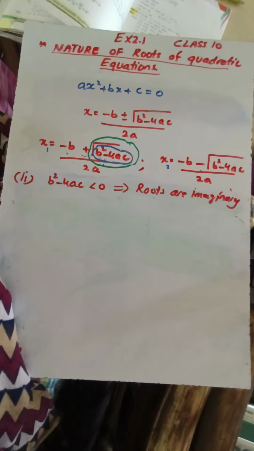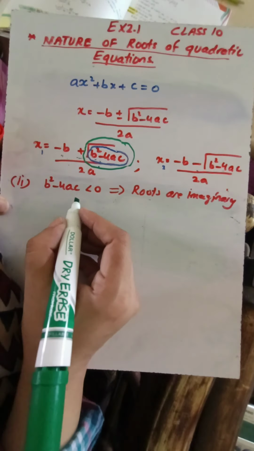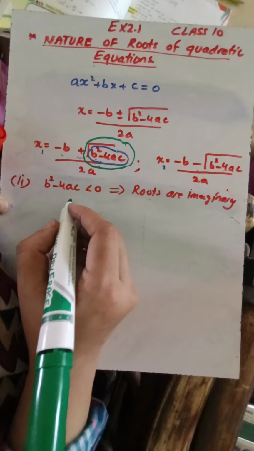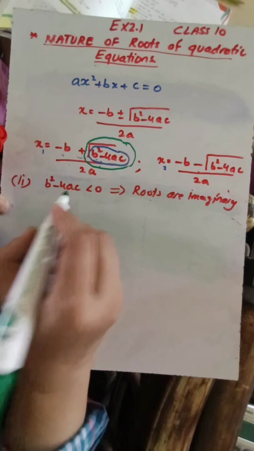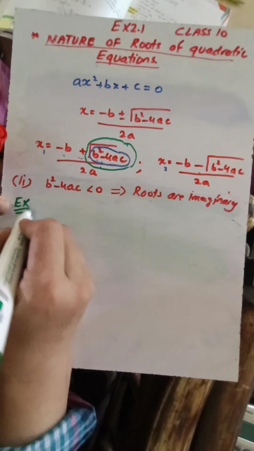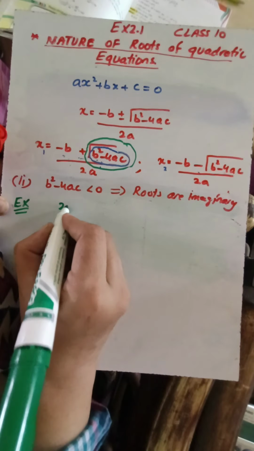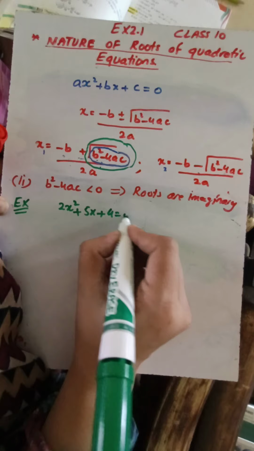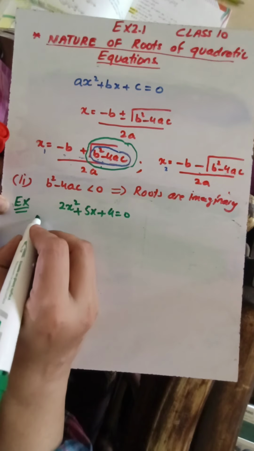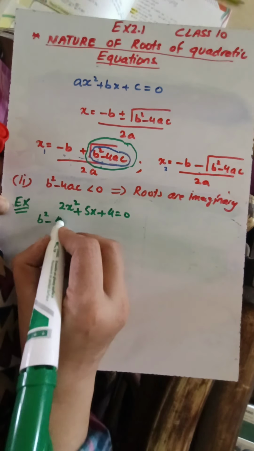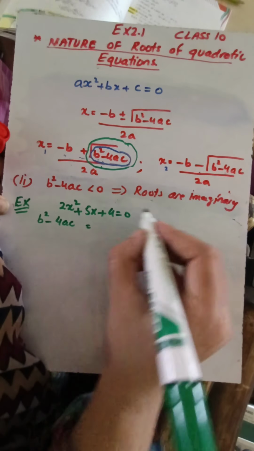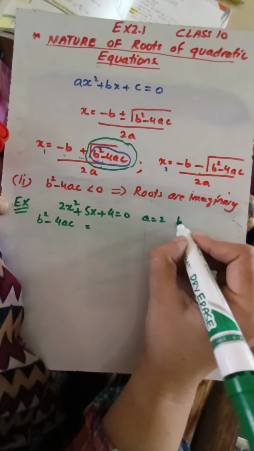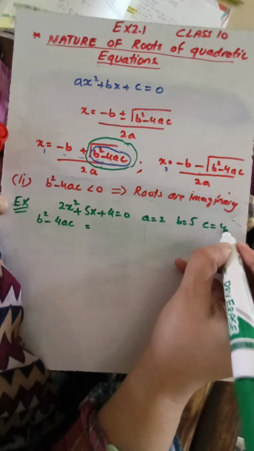For this, let us take the equation 2x square plus 5x plus 4 is equal to 0. If we calculate the discriminant of this, over here a is equal to 2, b is equal to 5 and c is equal to 4.